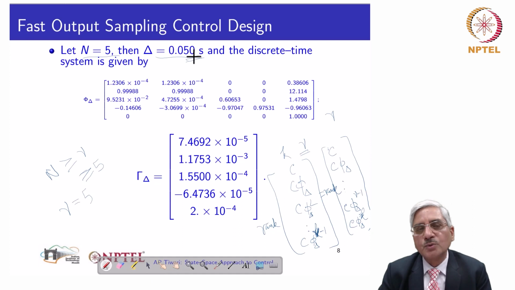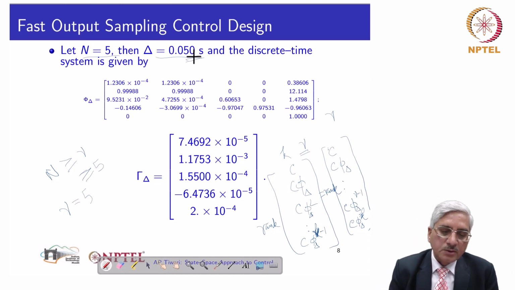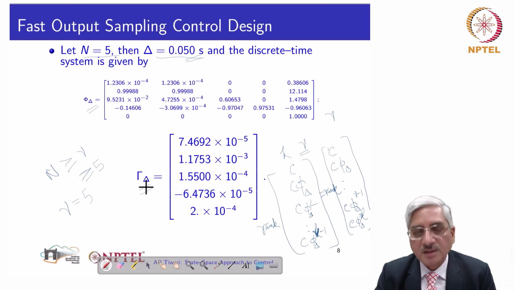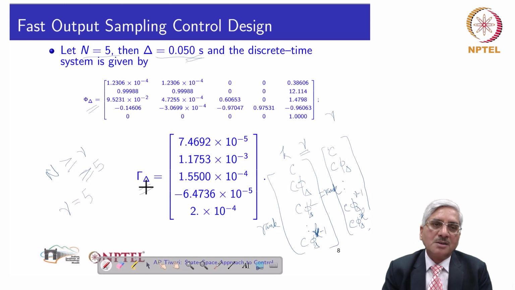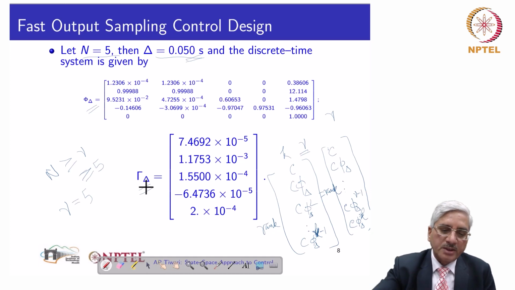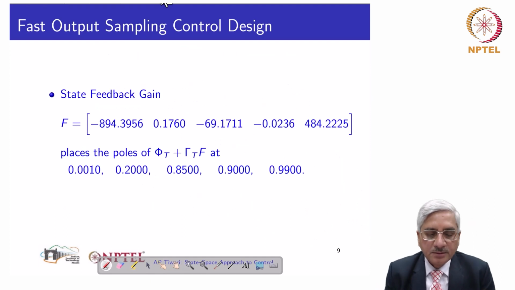However, here there are only 2 outputs, so it is going to be an easy job to design a data acquisition system to get the samples of output at every 50 milliseconds. Anyway, we select n, we select delta, and we obtain the corresponding system and input matrices for the discrete time system corresponding to the continuous time system model of the nuclear reactor.